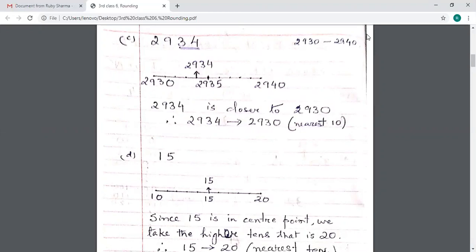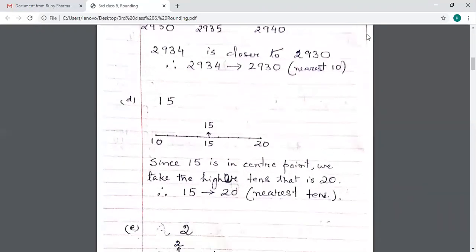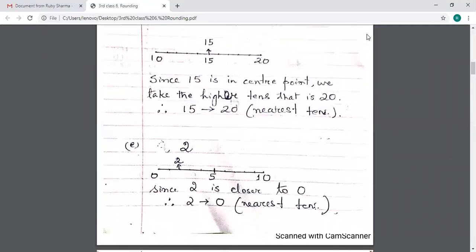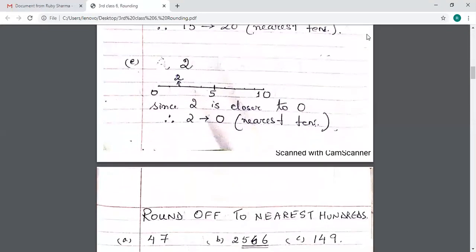Accordingly, we find the midpoint and find out where 2934 is. So it is closer to 2930, and so it's rounded off to 2930. Similarly, 15 is between 10 and 20, and it is rounded off to 20.